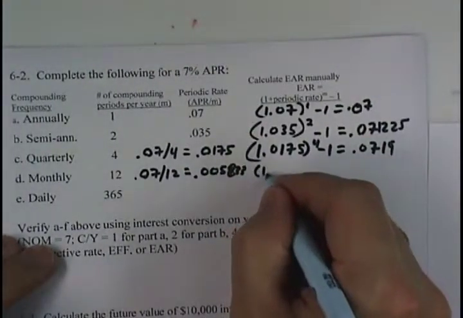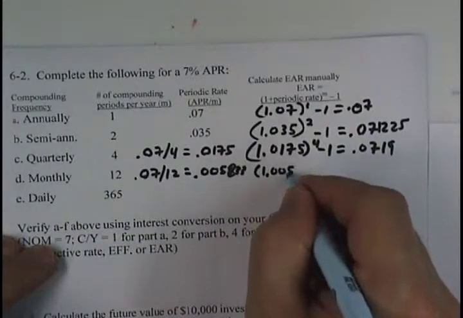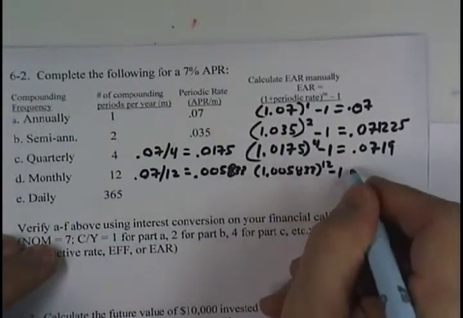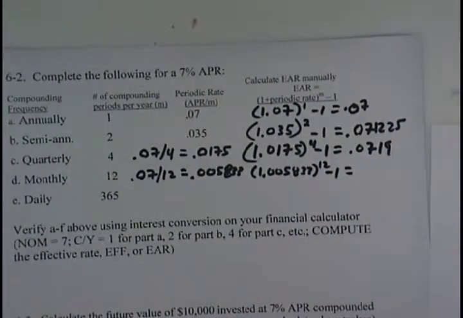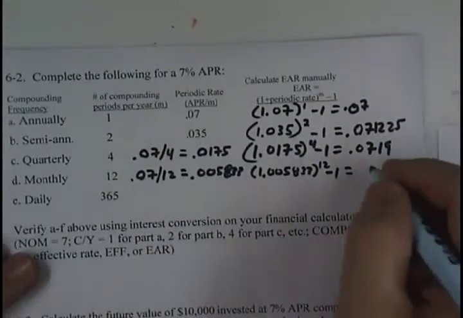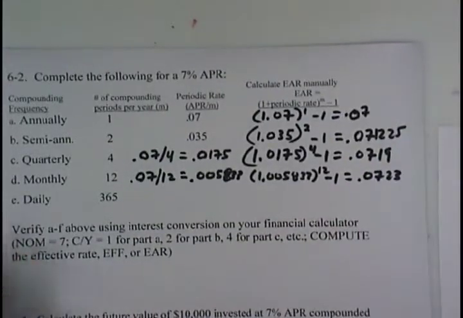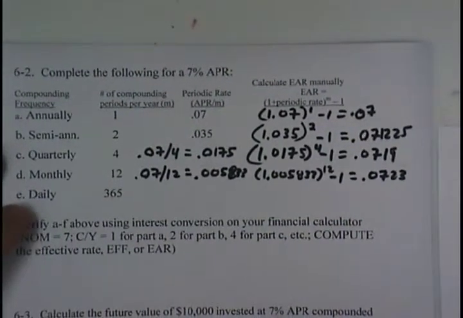Take 1.005833, compound that out 12 times during the year, and then take the 1 off, and you get 7.23% effective rate for a 7% APR compounded monthly.